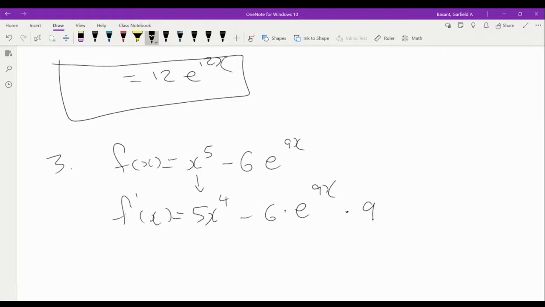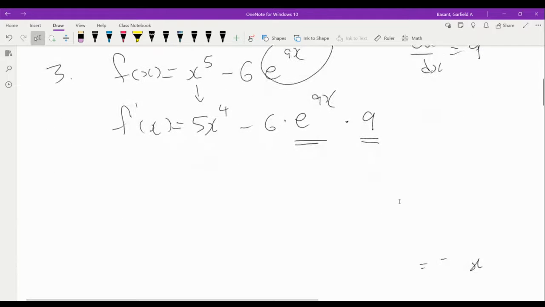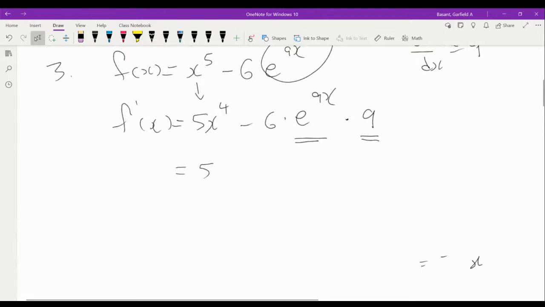Everyone understand what's going on here? We took the derivative of e to the 9x, where u is equal to 9x. So our du by dx is equal to 9. So we kept the original part and we multiplied by the derivative of the exponent. And if you simplify that, that's 5x to the fourth minus 54 e to the 9x.